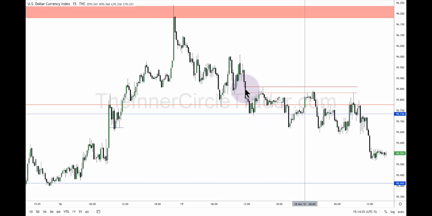So that's where the time distortion really kicks in. Now, there are times during the kill zones where you'll have consolidation and there's distortion that takes place there. Usually that's attributed to a high impact news event that's looming on the economic calendar that day or the day after. Or there's a high degree of manipulation and you have to refer back to the crosses for that.